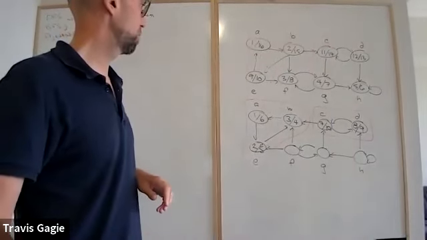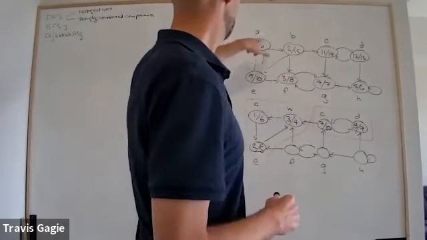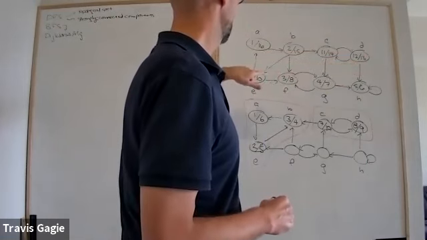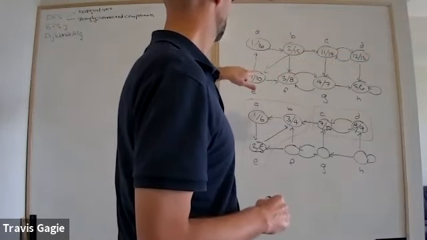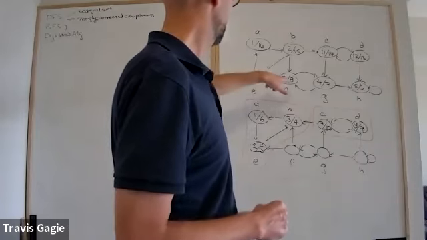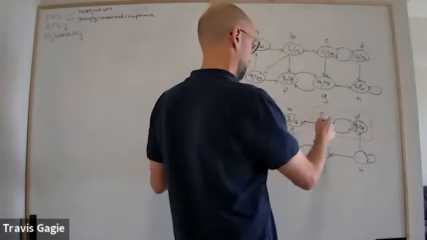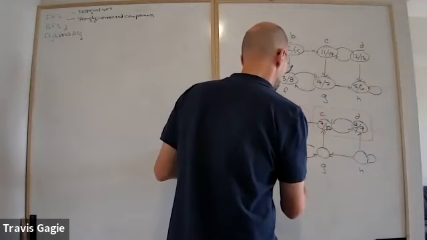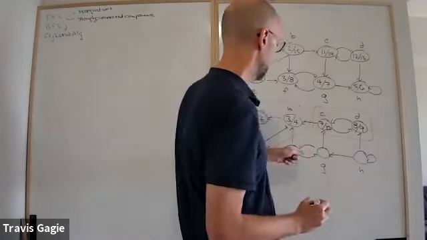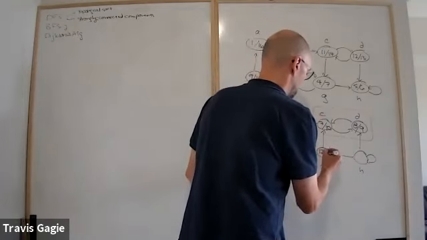And where else do we want to go? Next one is F. So this is 11. And where can we go? We can go to G. So this is 12.